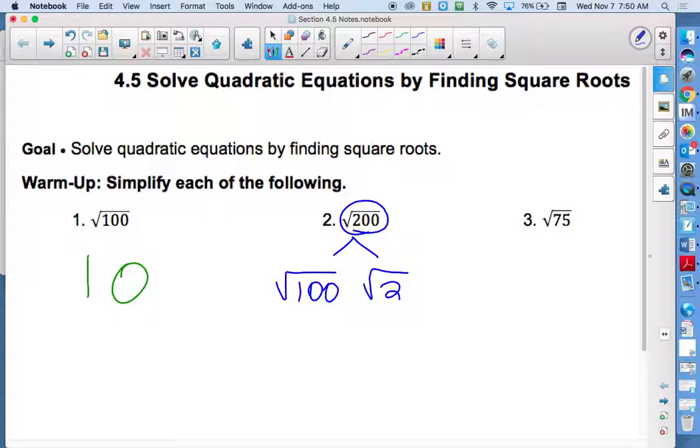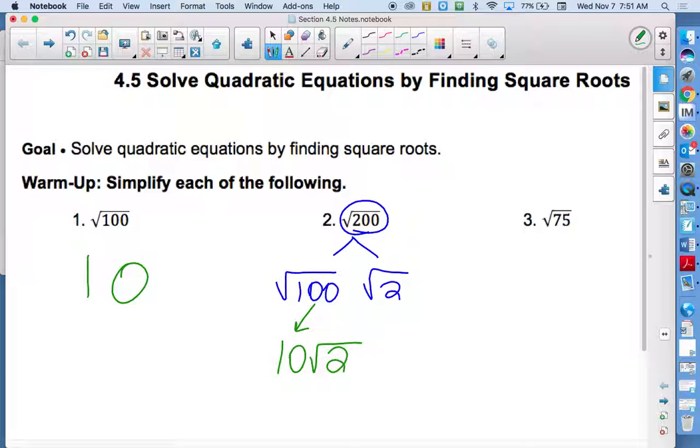Because one of those numbers that you wrote down is a perfect square that would go into 200, and that would be 100. So it's 100 times 2. Julia, the square root of 100 becomes 10. So you keep the 10, and then the square root of 2, Julia, can you do anything with that besides getting a decimal value? No. So then we write the square root of 2 next to it.